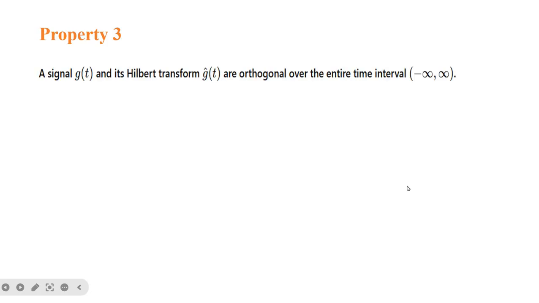Then we have the third property, that is, a signal g of t and its Hilbert transform g cap of t are orthogonal over the entire time interval minus infinity to plus infinity. So here it can be written as the integration from minus infinity to plus infinity of g of t into g cap of t dt is equal to 0.